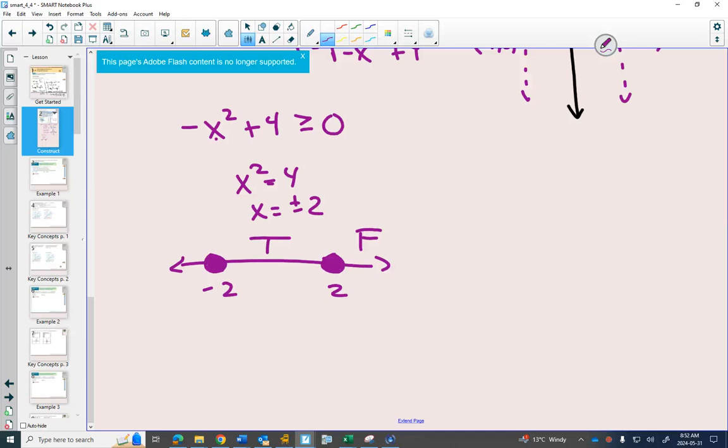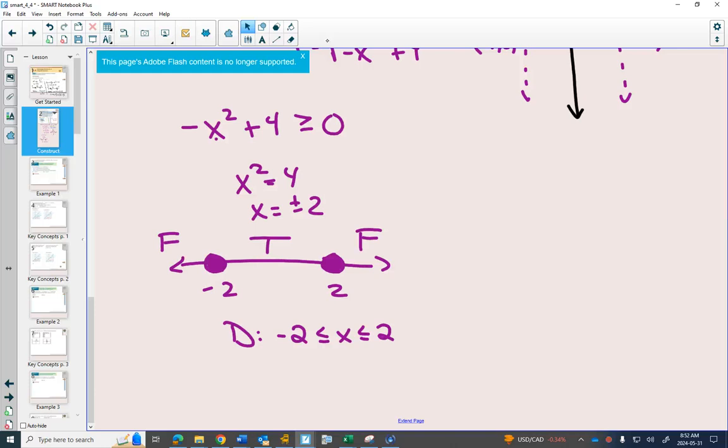Same thing with negative 3: negative 3 squared is positive 9, times the negative up front is negative 9, plus 4 is negative, which is false. So now I can tell that my domain is negative 2 to 2, using the math from grade 11. That's where solving a quadratic inequality comes in.